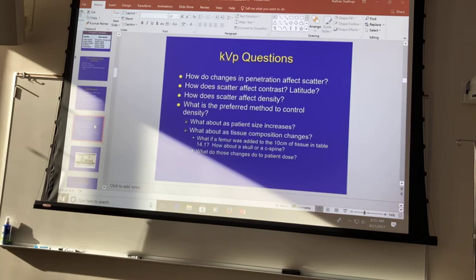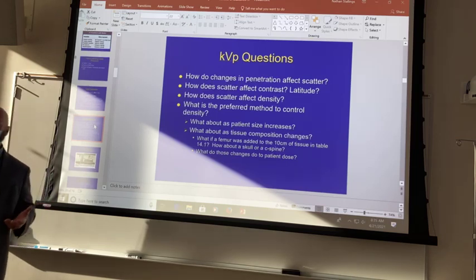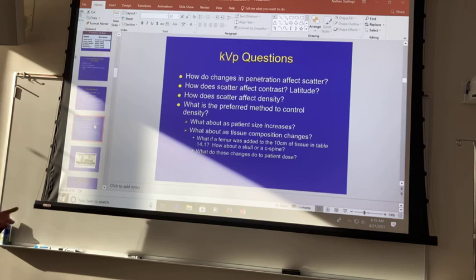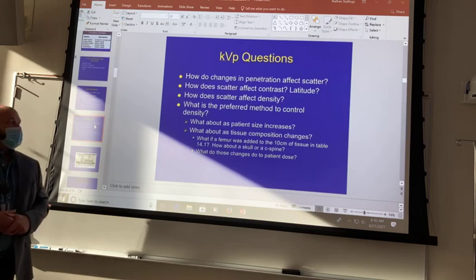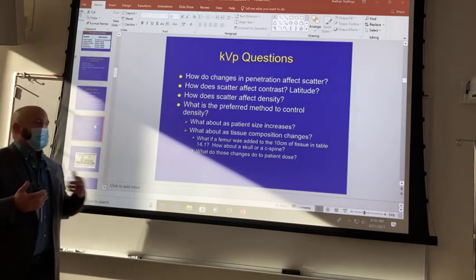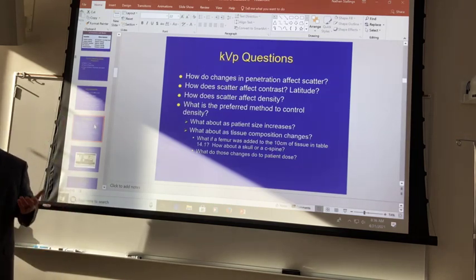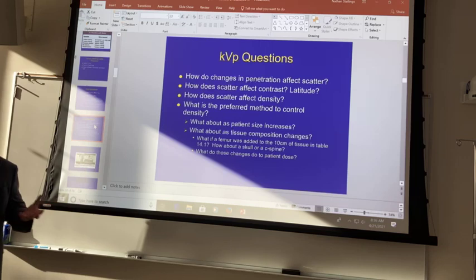So we talked about scatter and its effect on density. It is an unwanted density, but just by having scatter doesn't necessarily mean your density is going to go up, right? Because scatter is always present. So we make the mistake of thinking, okay, we've got two different patients. One's a big patient, one's a thin patient. The big patient is going to create more scatter radiation.